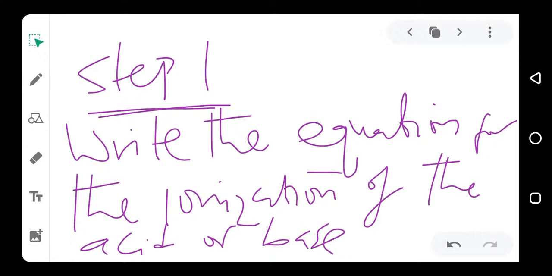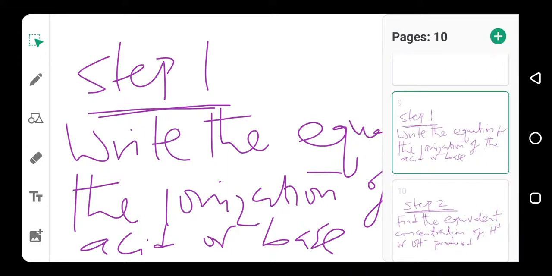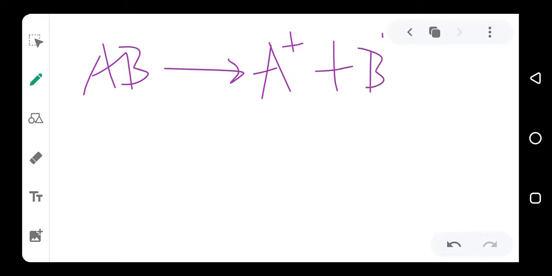Now, the equation for the ionization always talks about 1 mole of the acid. For instance, AB reacting to give A ion and B ion. This is always talking about 1 mole of this acid, and A may be the hydrogen ion.